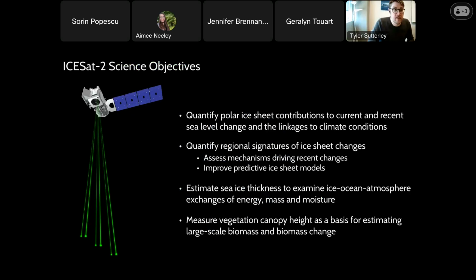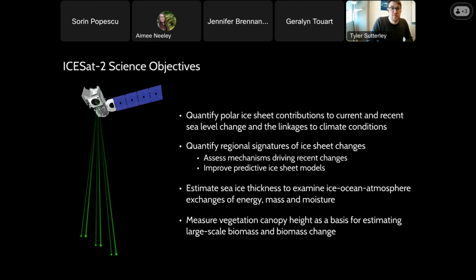The other main thing ICESat-2 was designed to do was to measure sea ice thickness and how the interaction between ice, ocean, and atmosphere, in terms of our energy budget and our mass budget, is affecting our globe. And then the third, which is the lowercase letter, is land, to measure vegetation, and so measuring canopies and vegetation structure globally.